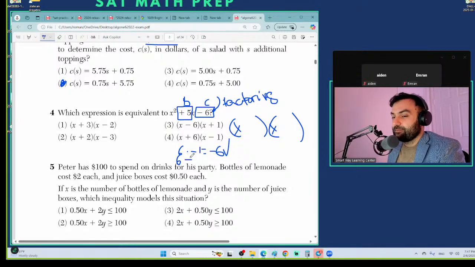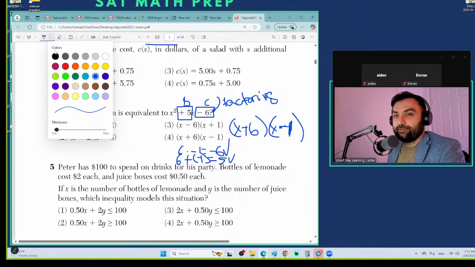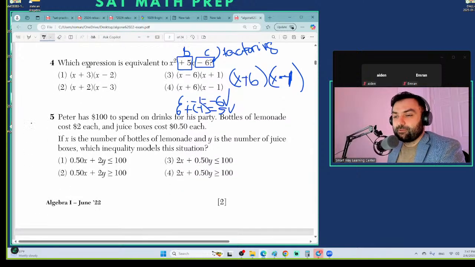And 6 plus negative 1 is positive 5. Check. So the correct answer will be plus 6 minus 1. All right, we're going to move on to question number 5.